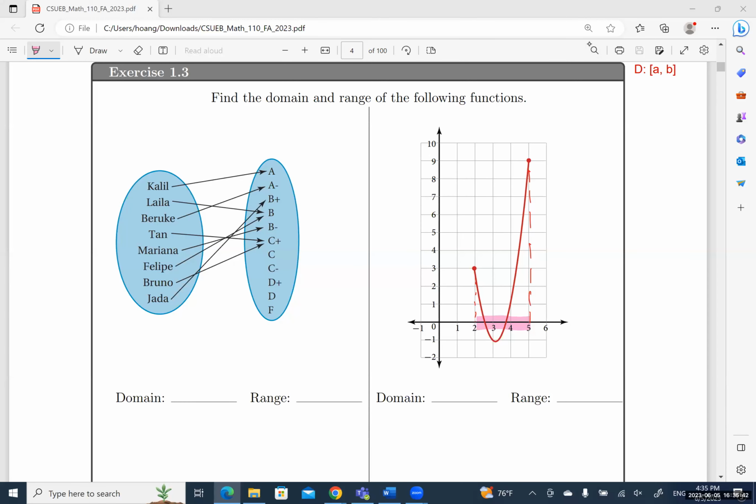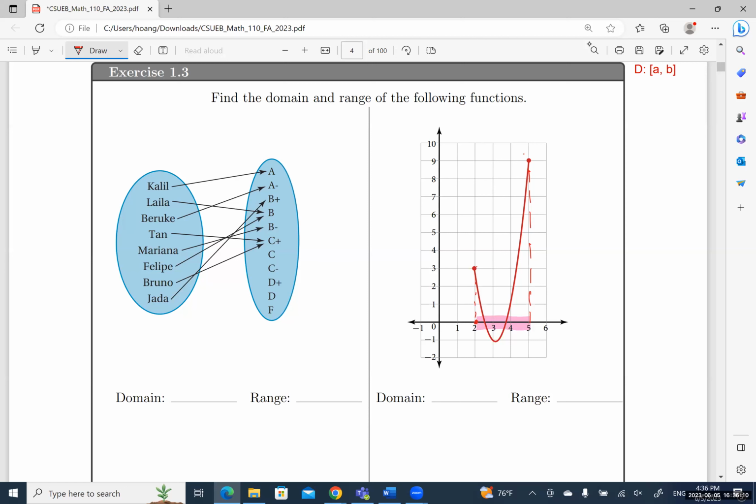So I hope everyone did notice that the domain is how horizontal it goes. It comes from the lowest horizontal value, which was 2, and then goes up to 5, as I drew in the figure there.